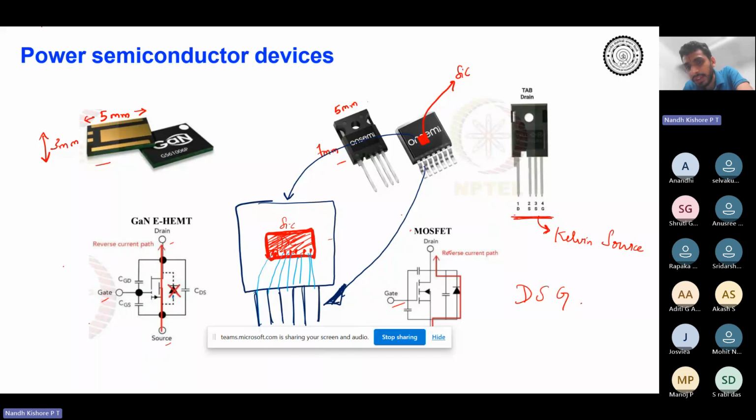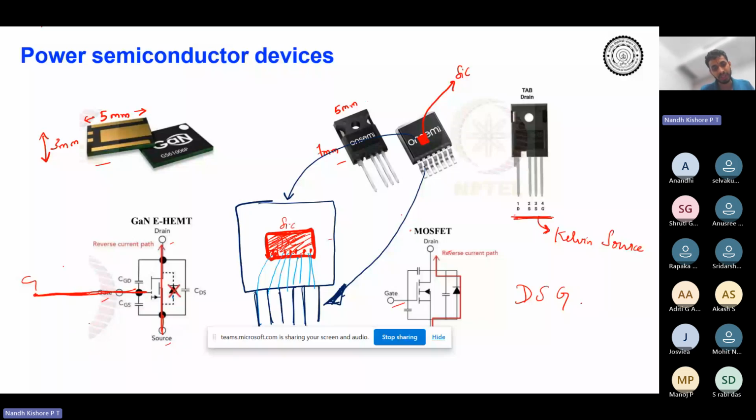The source terminal which is nearer to the gate, that is called Kelvin source. The advantage you get with the Kelvin source is that, see, the idea is between the gate and the source, you want the distance to be as small as possible. Why? Because if the distance is larger, let's say the gate was over here instead of here, then you will be having some kind of a physical connection to this point.